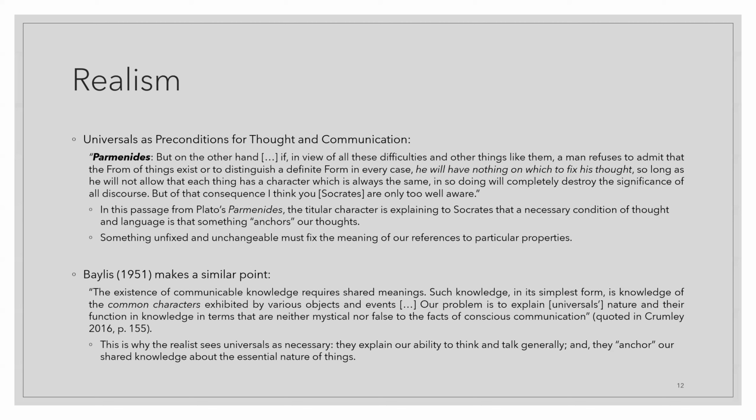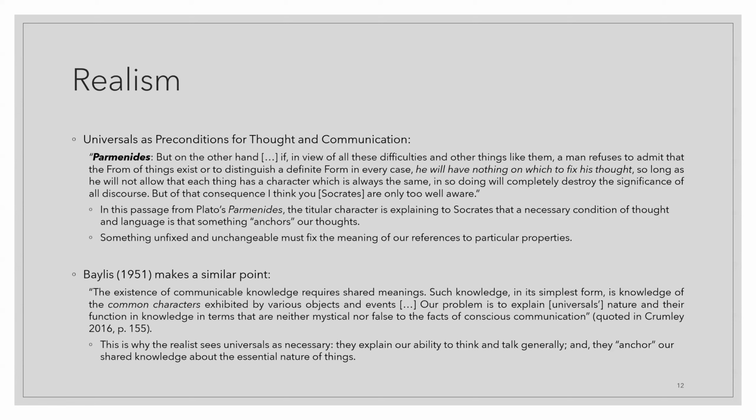So these universals are fixed and unchanging, yet they fix the meaning of our references to particular objects in language. And they also fix the meaning of the references of our thoughts. And here Baylis makes a similar point to Plato's Parmenides. "The existence of communicable knowledge requires shared meanings.